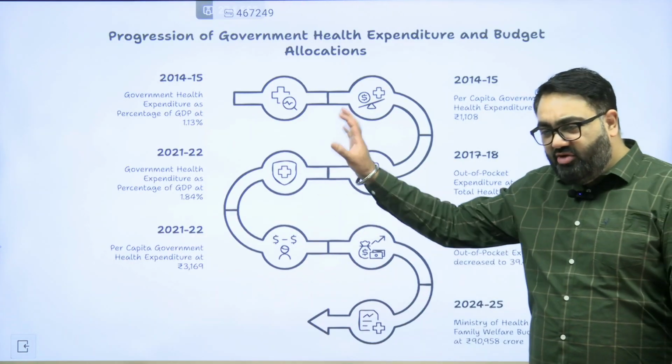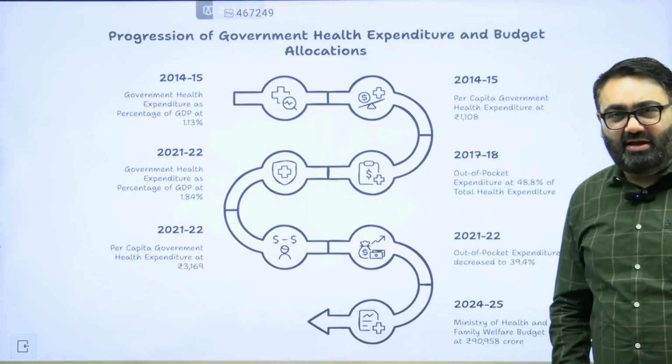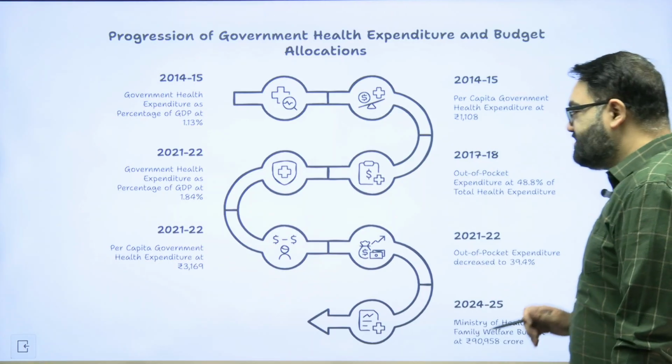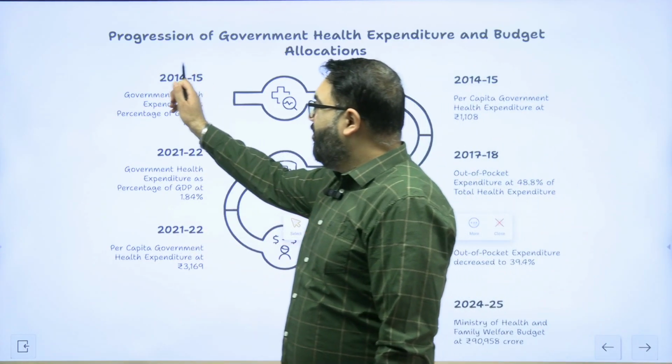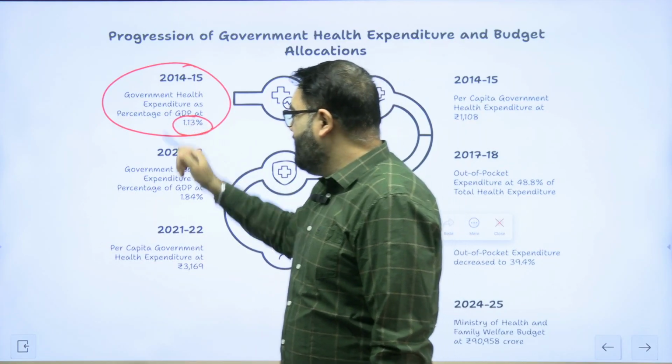I just wanted to give you an example here to show you how our progression has been in terms of healthcare expenditure. See this. All this is extremely important data. In 2014-15, government health expenditure as a percentage of GDP is only 1.13%.